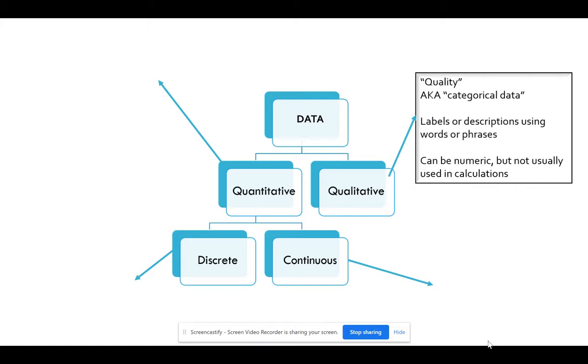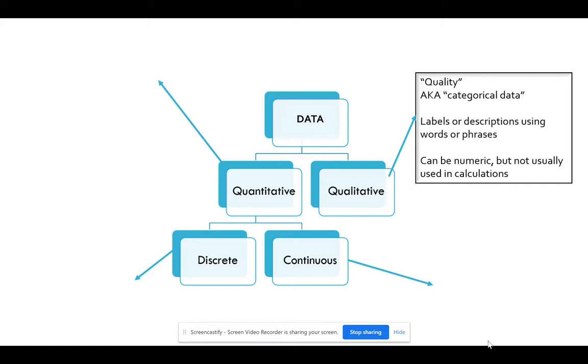You have to be careful though, because qualitative data can be numeric. It can be a number, but it's not usually a number that is used in a calculation. For example, your social security number is simply a label. It's how the government tracks you and would be considered qualitative data, because I'm not going to find the average of a group's social security number.